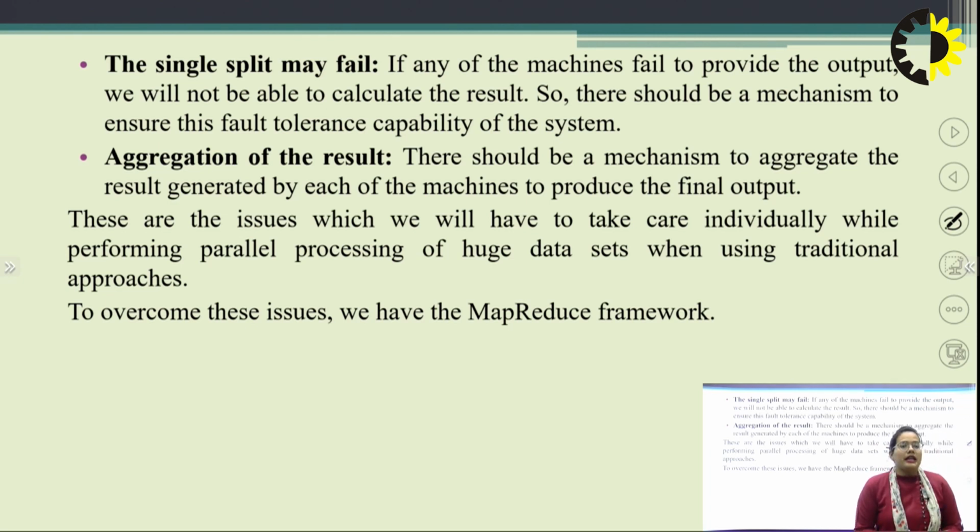There should be a mechanism to aggregate the results generated by each machine to produce the final output. So, these are the issues which we have to take care of individually while performing parallel processing of huge data sets using the traditional approach. To overcome these issues, we have the MapReduce framework.